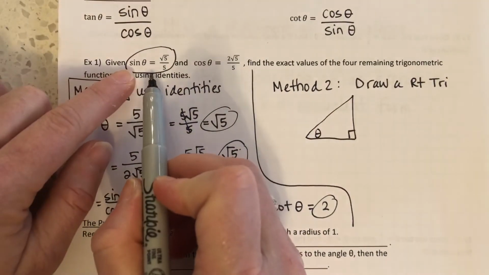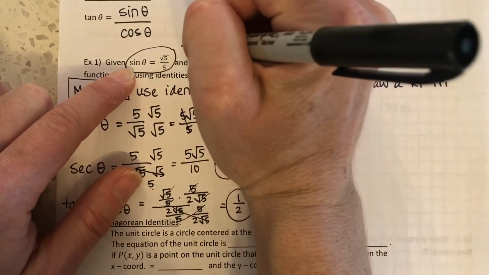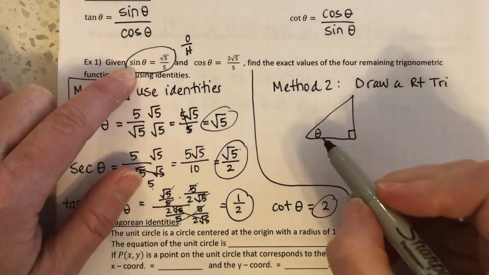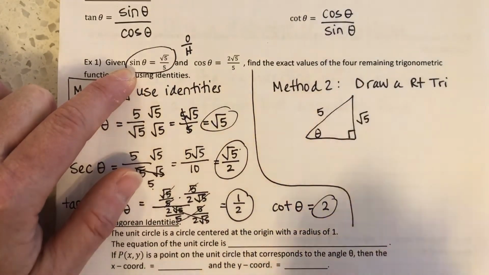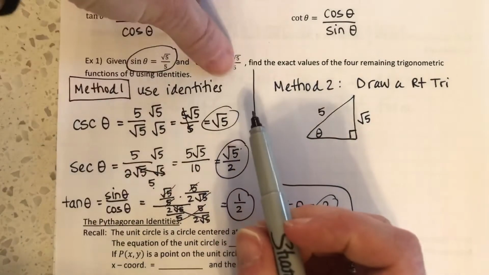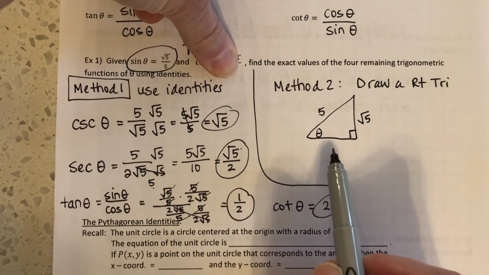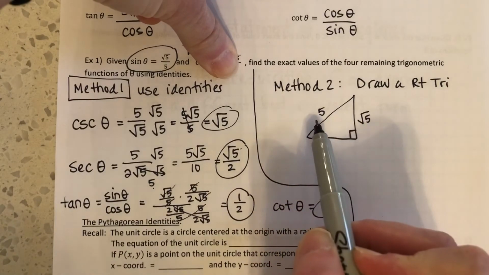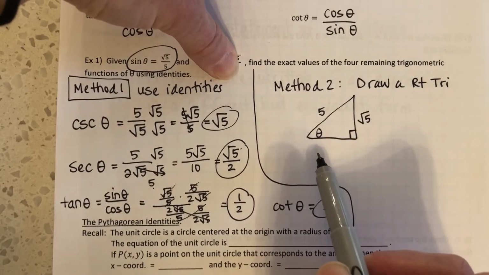They told you sine theta is root 5 over 5. That's O over H. So O would be root 5 and H would be 5. Now, even if they didn't tell you cosine, you could automatically find the third side by using the Pythagorean theorem. A squared plus B squared equals C squared. And you could literally get your third side without even having to know another trig ratio.